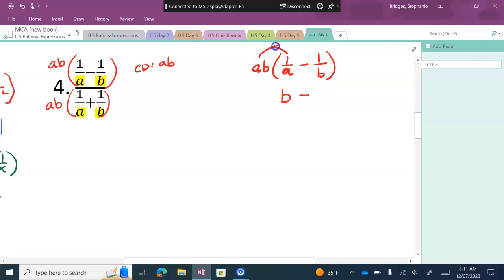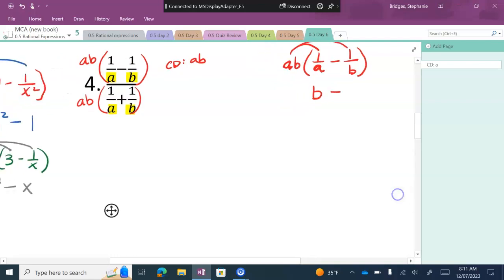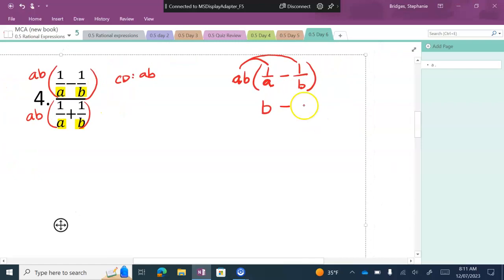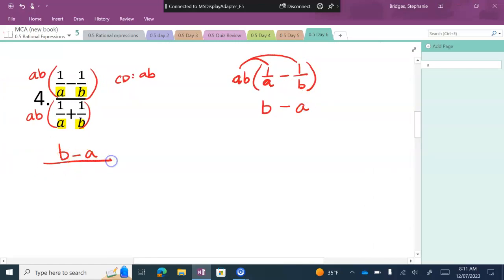And then if I multiply AB times 1 over B, what does that reduce to be? Just A. Okay, so at the top, I'm going to have B minus A. Then I'm going to do the same thing for the bottom, AB times 1 over A plus 1 over B. So go ahead and do that for me if you haven't already.